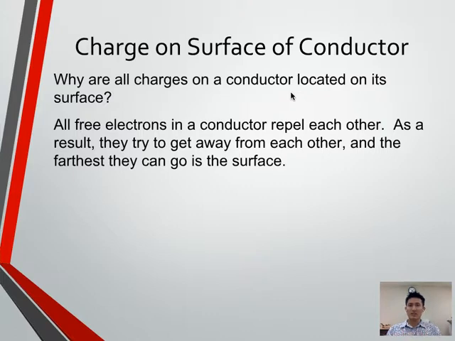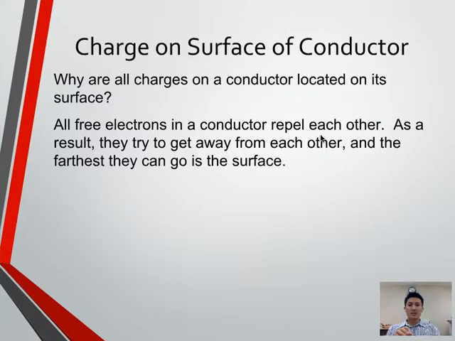Metals are really good conductors, so we use metal wires to conduct electricity, and you'd think that it moves all the way through. But the interesting thing is that we find that the charges on the conductor are actually all on the surface of the conductor. The reason for this is that electrons are the things that transfer the charge in a conductor, and that's why metals are really good conductors, because they have all these loose electrons all over the place.